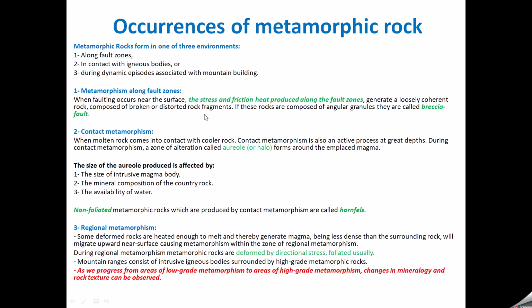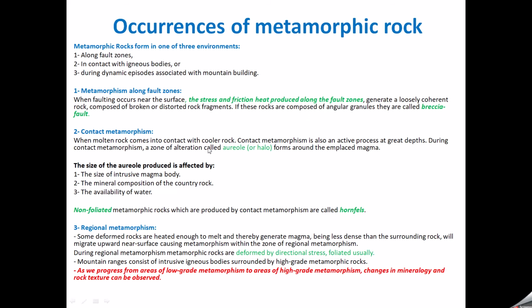But if you go to the bottom of the fault zone, you will find mylonite, which is another metamorphic rock, but it went through ductile deformation. Fault breccia went through brittle deformation.